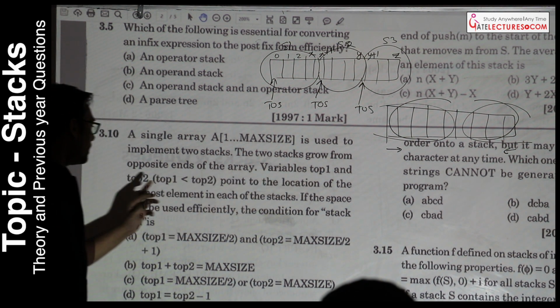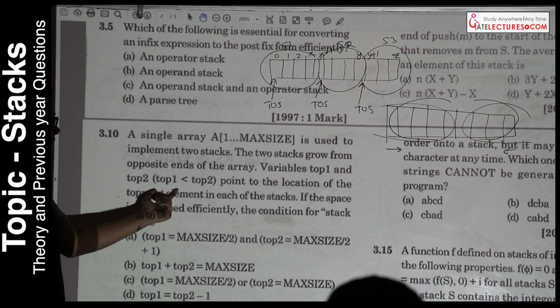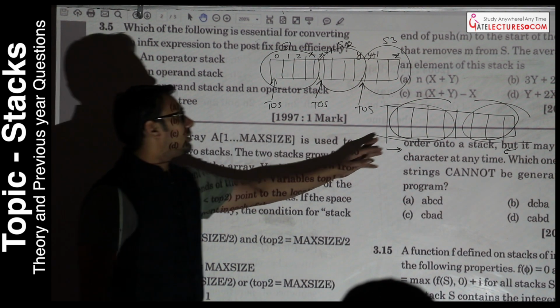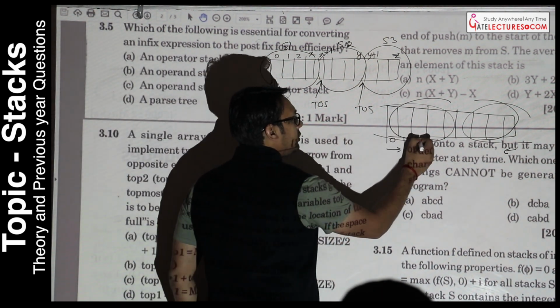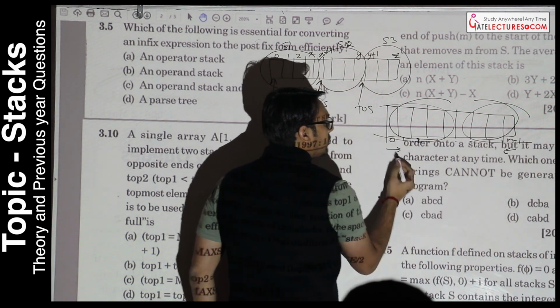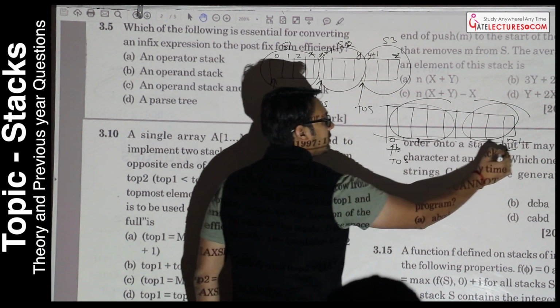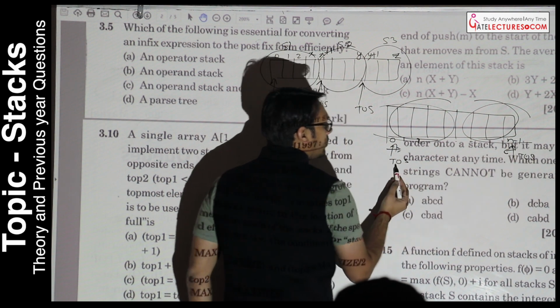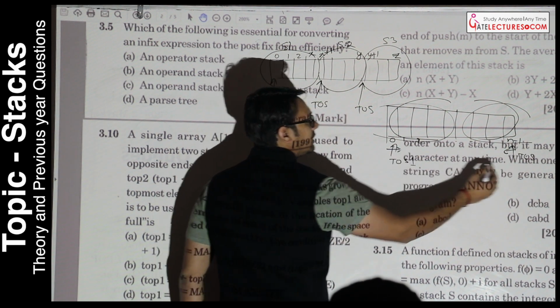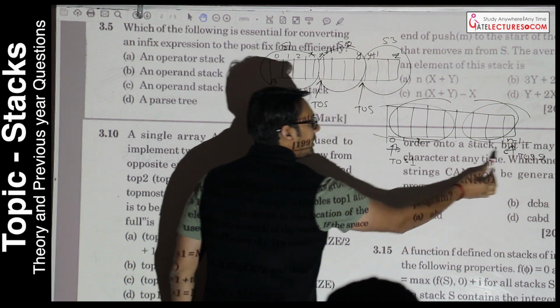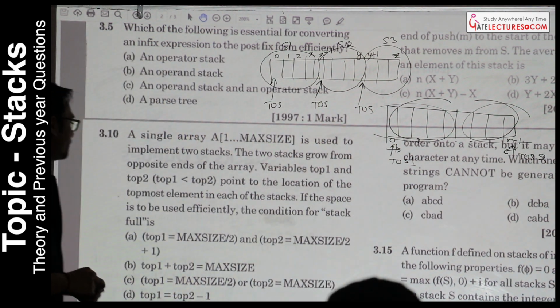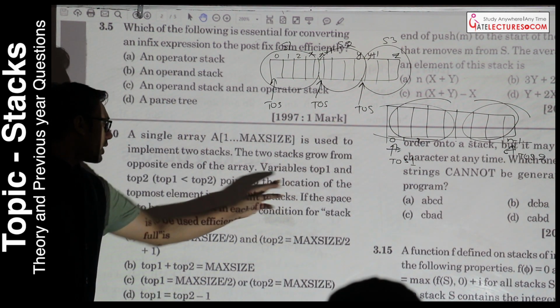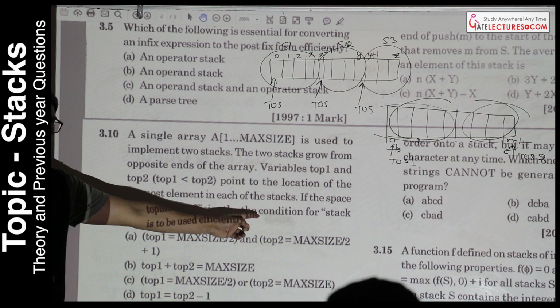Variable top 1 and top 2, where top 1 is less than top 2, obviously, because if this is the index location 0, 1, 2 up to so on, this is n minus 1. So first top of stack will be here and second top of the stack will be here. So top 1 is top of stack 1, this is top of stack 2. So top 1 will be less than top 2. They point to the location of the topmost element in each of the stacks.